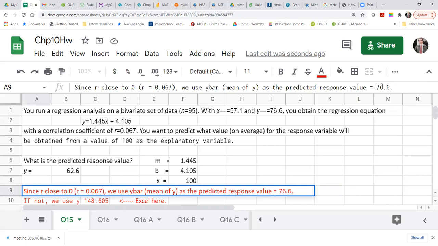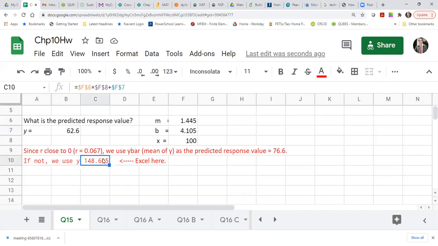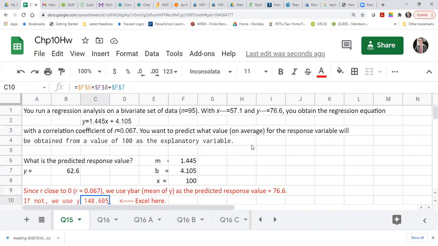So instead of using the y here, if not, you can use this formula. But if the r is not close to 0, you can use this one here.